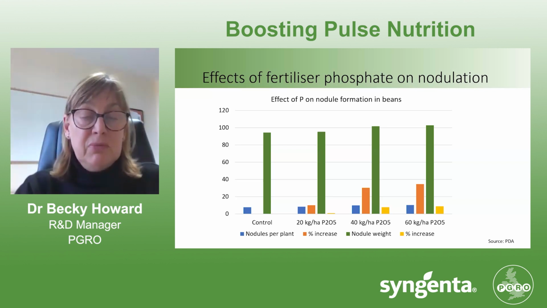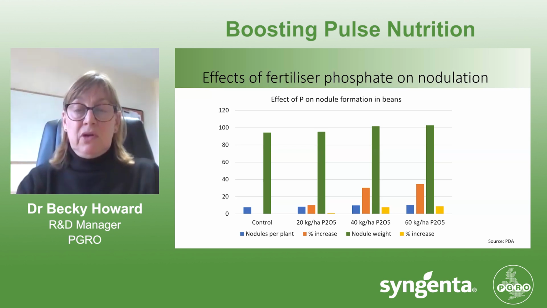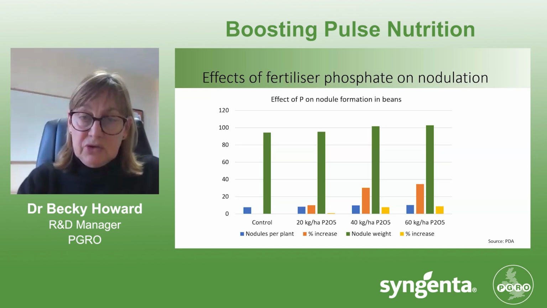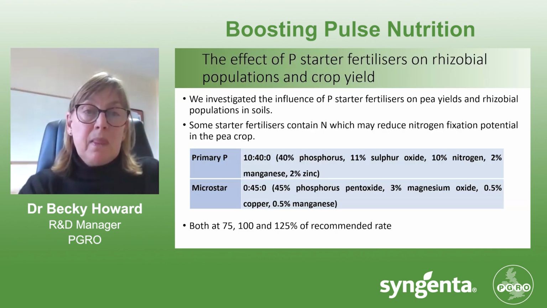So number of nodules per plant in the blue columns. And then as we move across to where we've applied phosphate, we can see the percentage increase in the orange bars, the increase in nodule weight in the green bar, and the percentage increase in nodule weight as well. So a gradual increase in terms of nodule production when phosphate's applied.